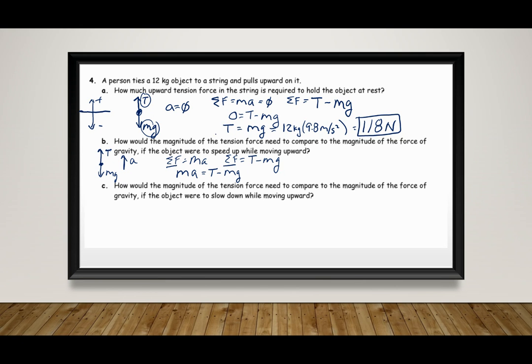And what I'm trying to solve for here is my tension. So looking at this, how do I get tension by itself? Well, tension is equal to mass times acceleration plus mass times gravity. Or tension is equivalent to the mass times the acceleration plus gravity.